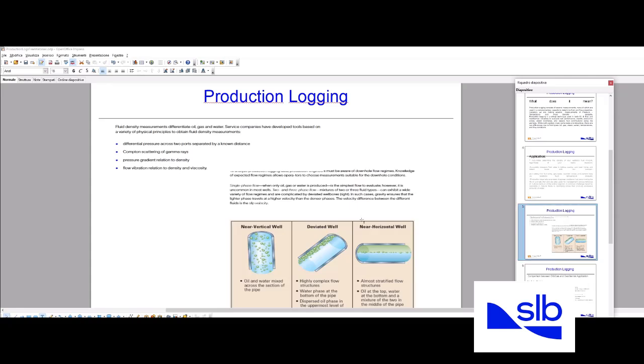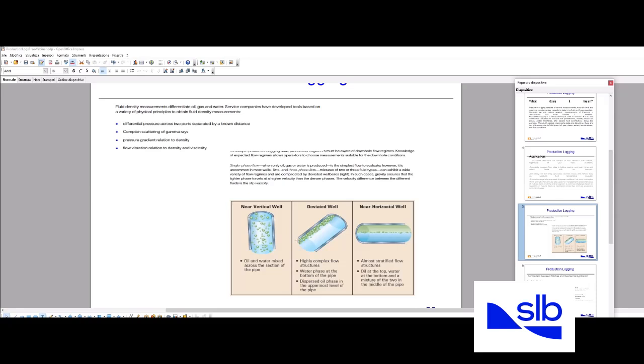The hydrodynamic problem and physical challenge that can occur in a well bore can be schematized in this image. In a vertical or near vertical well bore there will be dispersed oil or other particles in the fluid, oil and water mixed across the section of the pipe, and so there is no good production and capture.